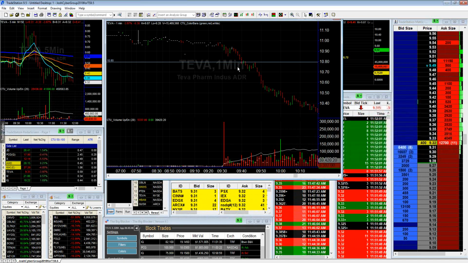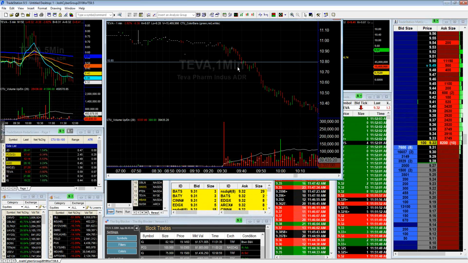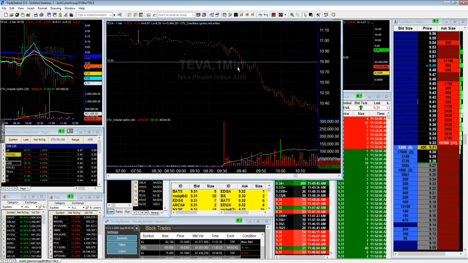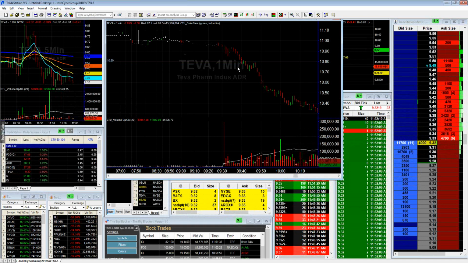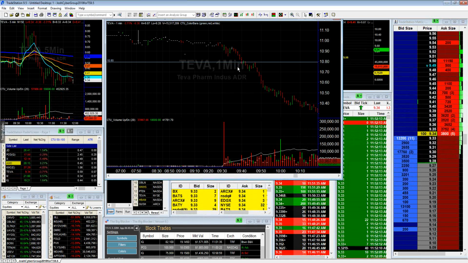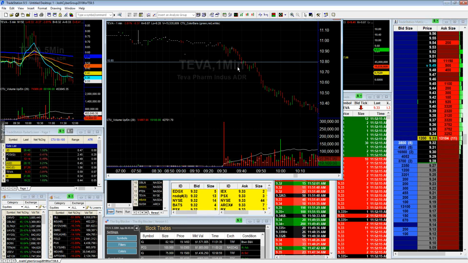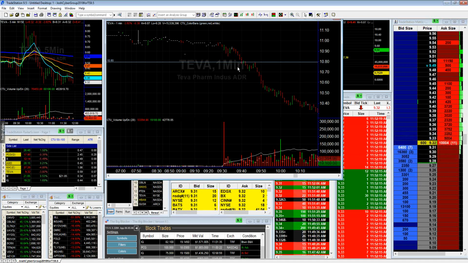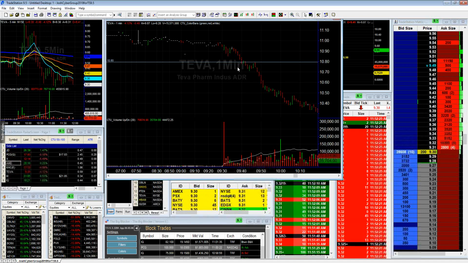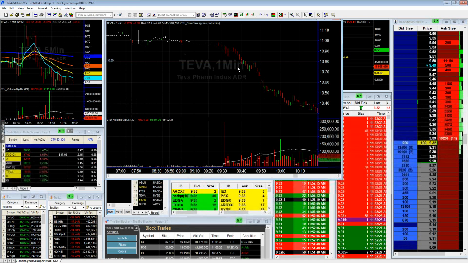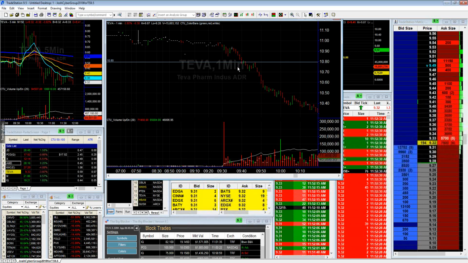What you need to follow is the direction of the stock first, and then the reaction to what you see on time and sales. So what you need to follow on time and sales, of course, for a short trade, is red and purple on the tape. So if I see $10.80 break on level 3, a big iceberg order got filled, and then from there we happen to see a collection of red prints flooding in underneath $10.80.